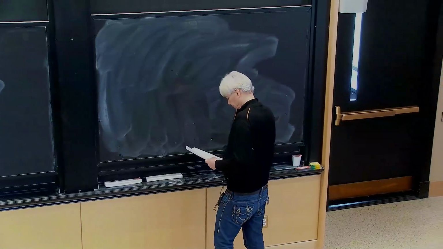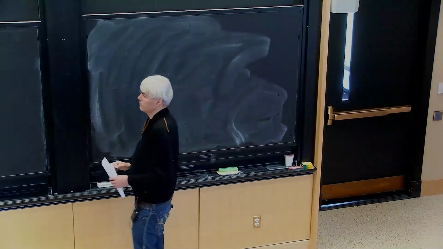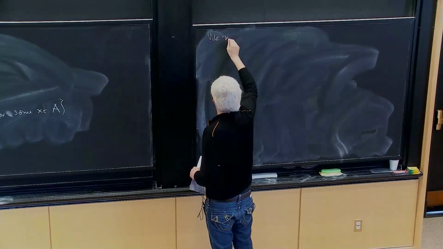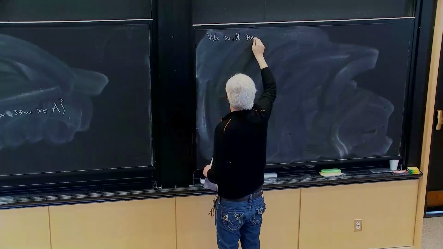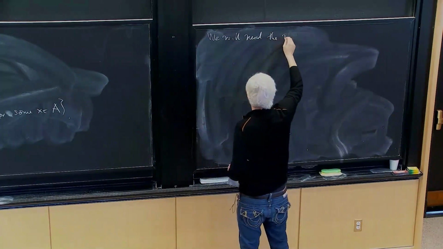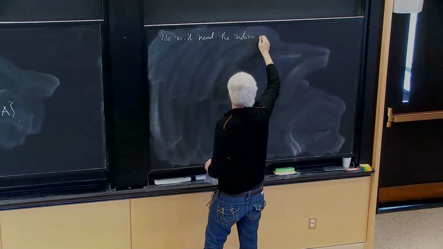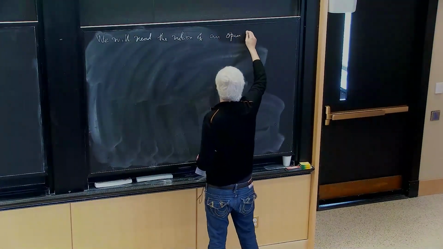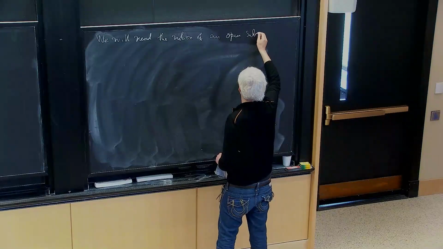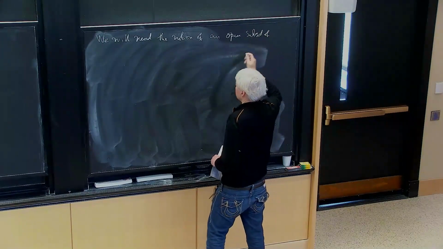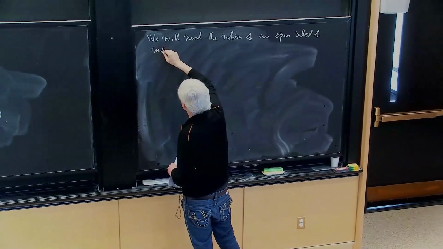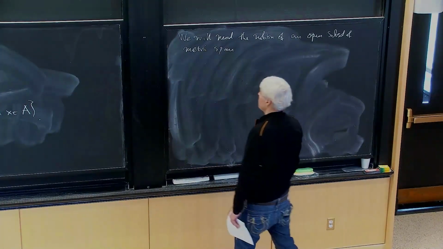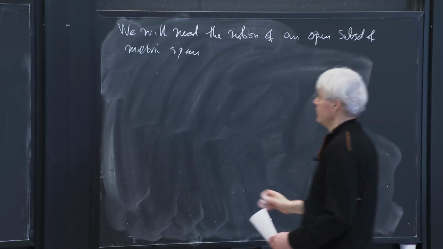Okay, so we need the notion of an open set, an open subset of a metric space. Okay, so we have a metric space again.